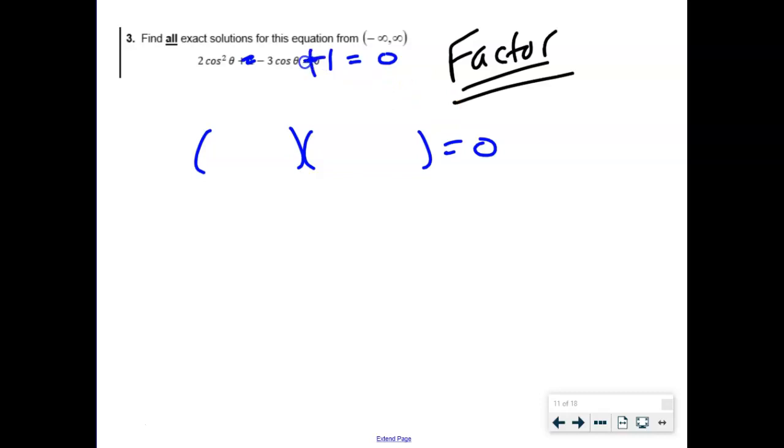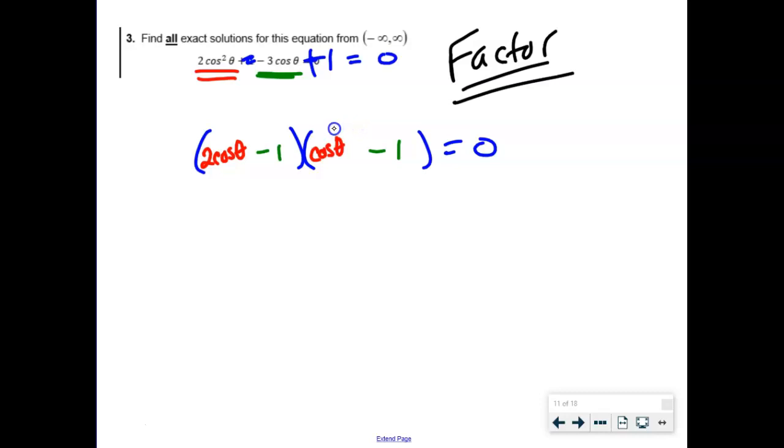Like I said, +1. So the leading term here, what times what will be 2 cosine squared? Well, that's going to have to be a 2 cosine and a 1 cosine. And then I'm thinking a -1 and a -1. Would that work? Because that'll be -2 cosine on the outside arch and -1 cosine on the inside arch, and that'll add up to -3 cosine in the middle.